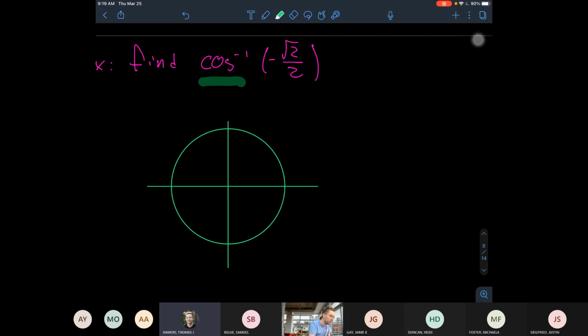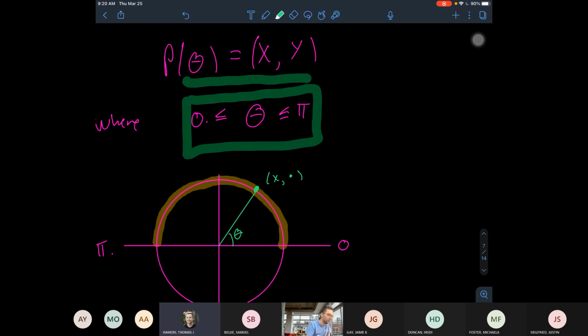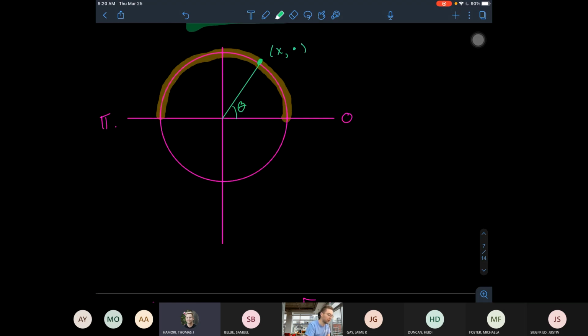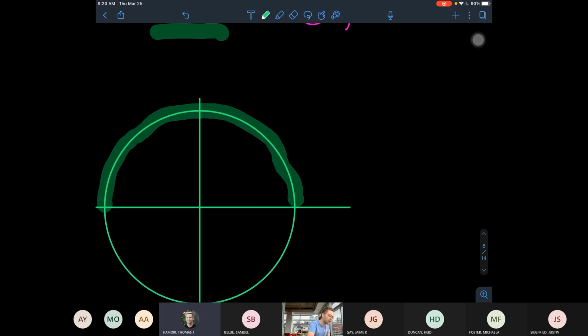So I should only really be thinking about what's going on the top half of the unit circle. Cosine inverse should give me something in the end which is between 0 and pi. That's what I should get at the end. So I'm going to consider angles which point in the direction which is between 0 and pi. These are the angles which I'm going to consider.